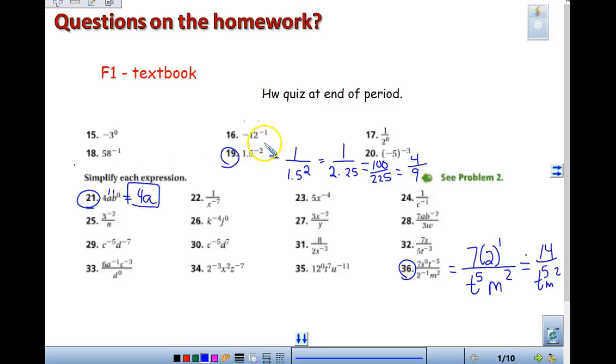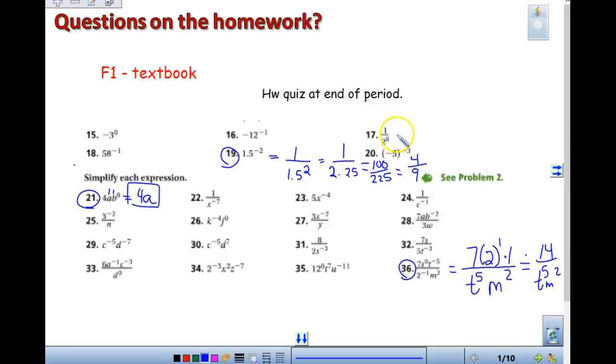why does it disappear? So the s to the 0? You mean? So if I take 7 times 2 times 1, I mean, because I could write s to the 0 as 1, right? When I take 1 times anything, I just get what I started with, right?